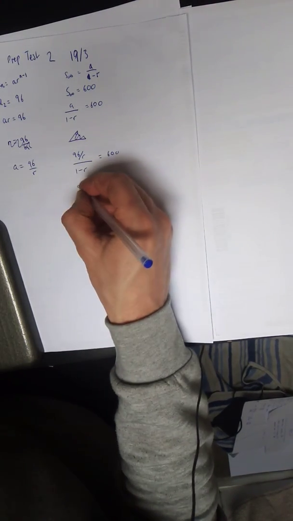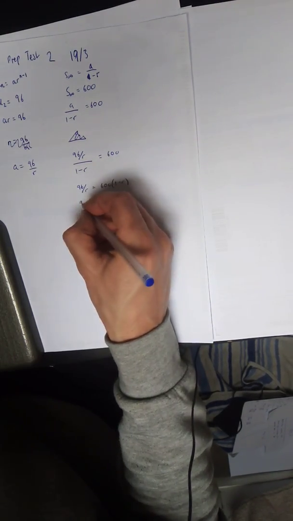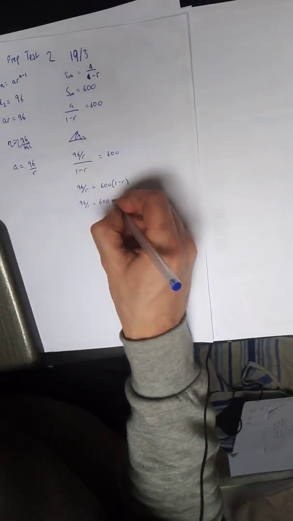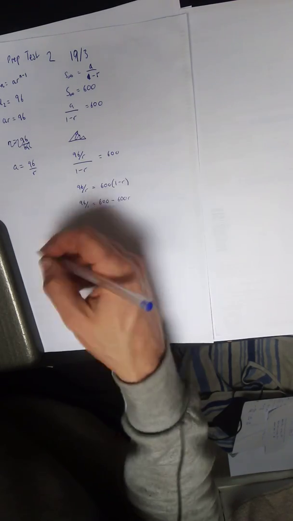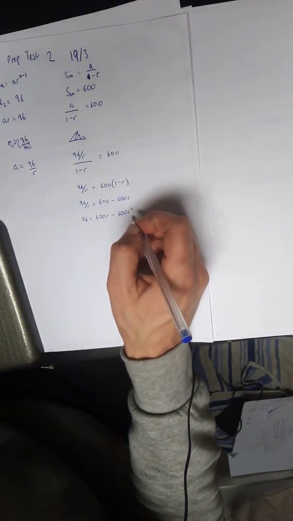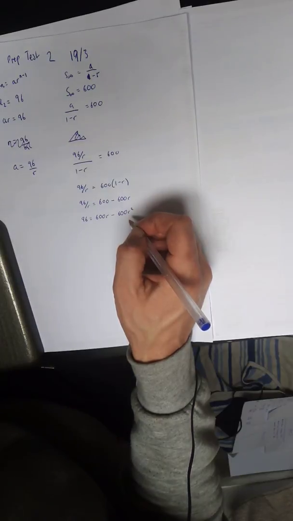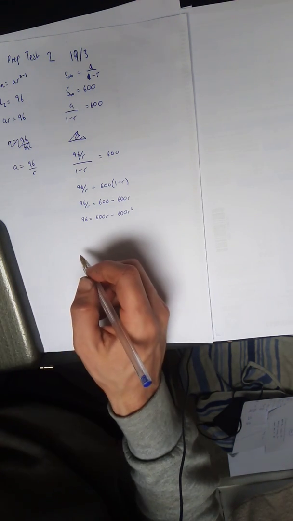Multiply both sides by 1 minus R. So 96 over R is equal to 600 times 1 minus R. I'm going to simplify that a little bit: 600 minus 600R, and times through by R. 96 is equal to 600R minus 600R squared.